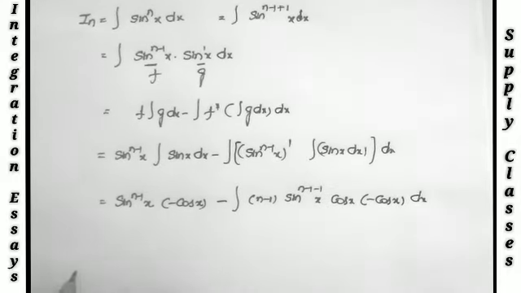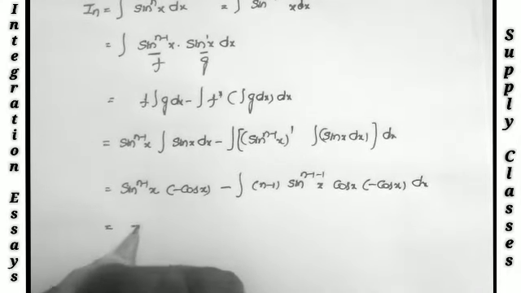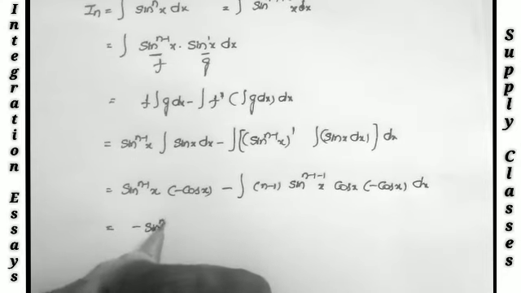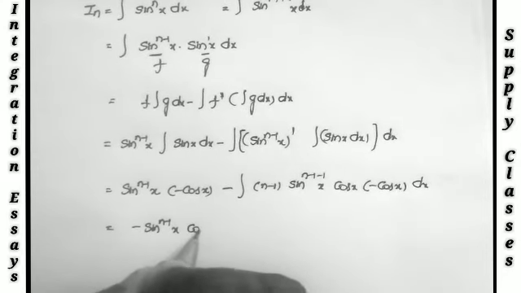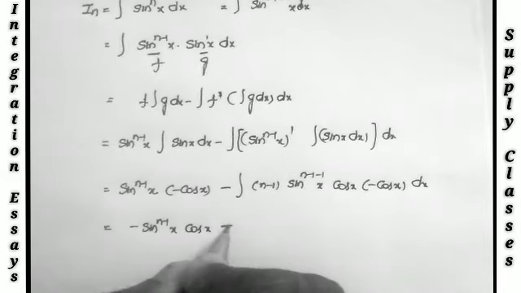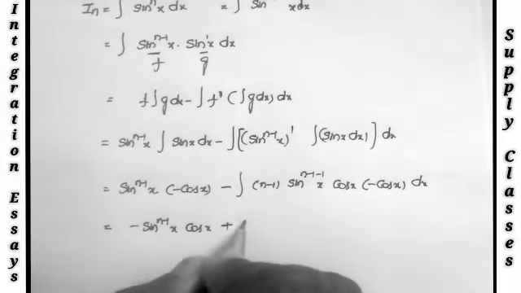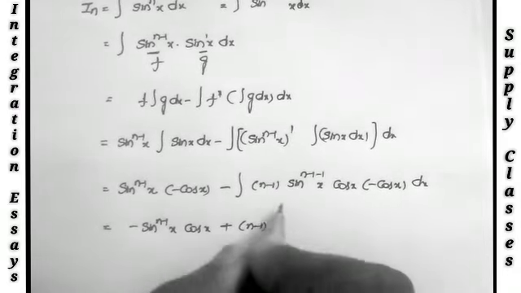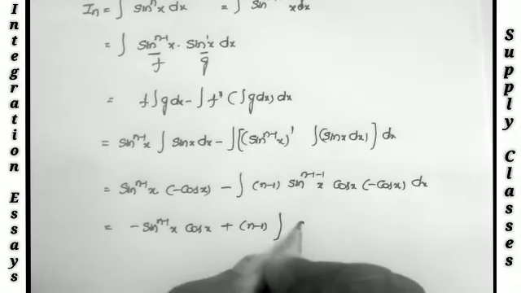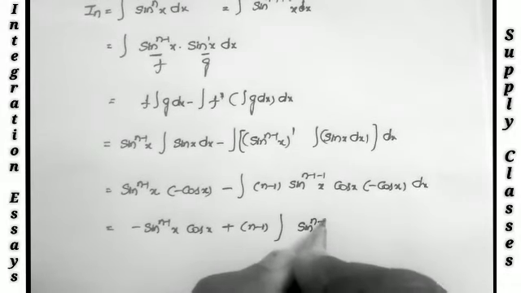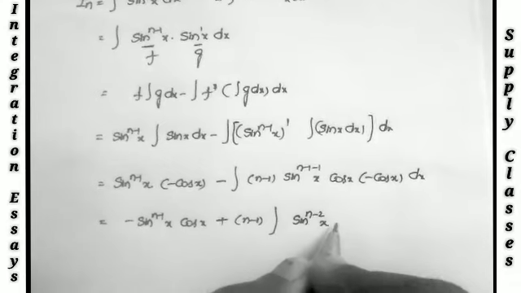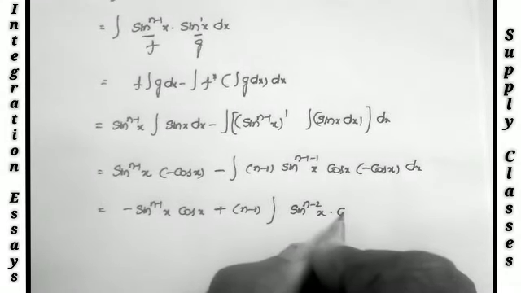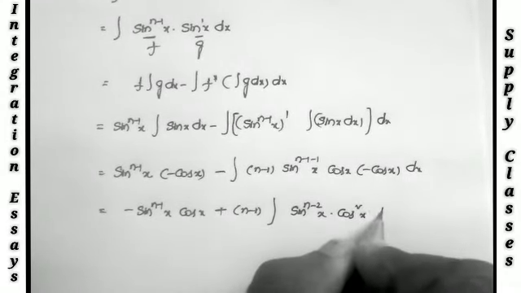Which is equal to minus sin^(n-1) x into cos x, minus of minus plus. Writing this minus of minus as plus, and writing the constant n minus 1 before the integration, and sin^(n-2) x into cos x into cos x is cos squared x dx.